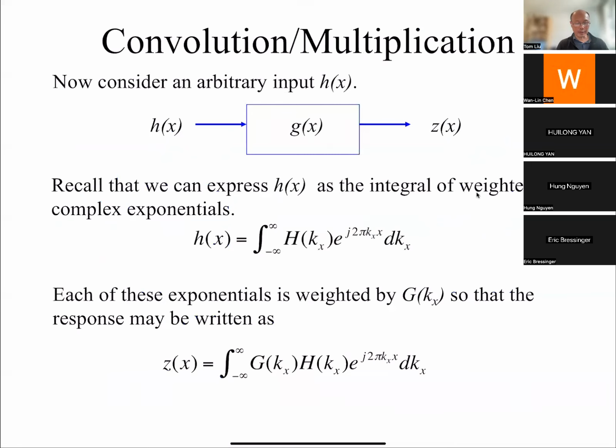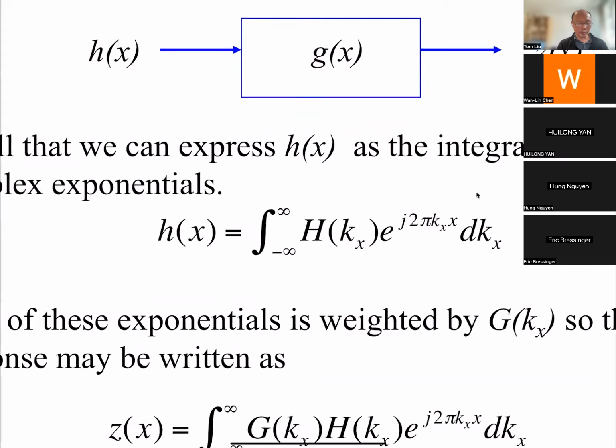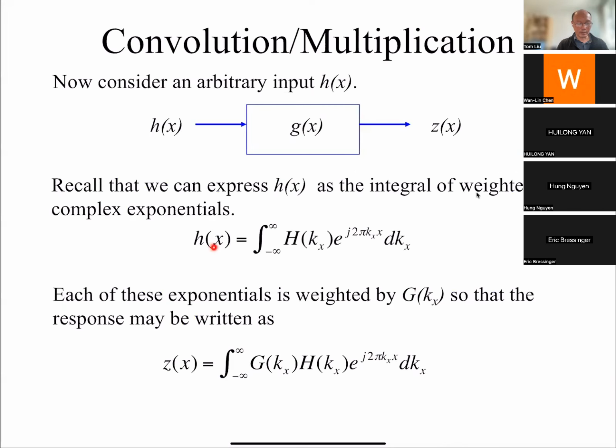This is just going through the math. We don't need to go through that too much. But just to remind you, here I'm writing h of x as its inverse Fourier transform. And so z of x is just taking that Fourier transform and multiplying it by the modulation transfer function, which is the Fourier transform of this, and then taking its inverse transform. Okay, so this is what we're seeing here.